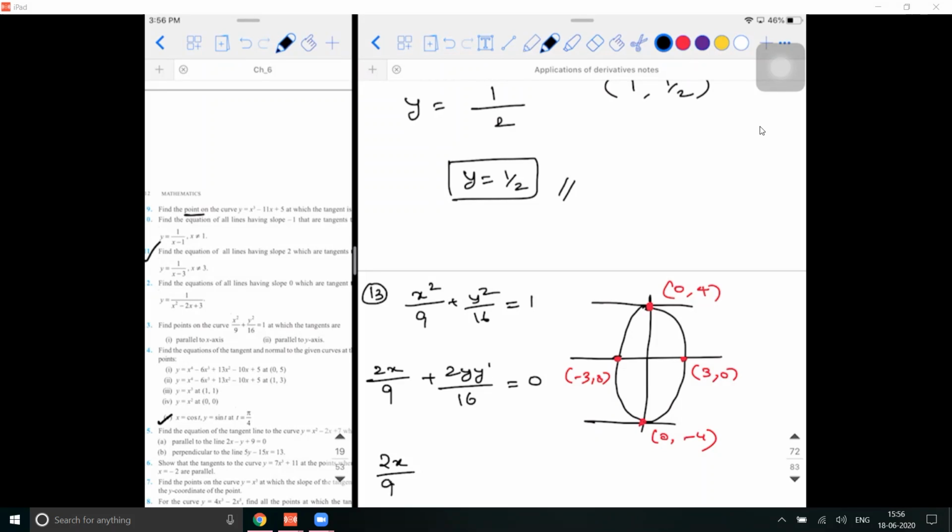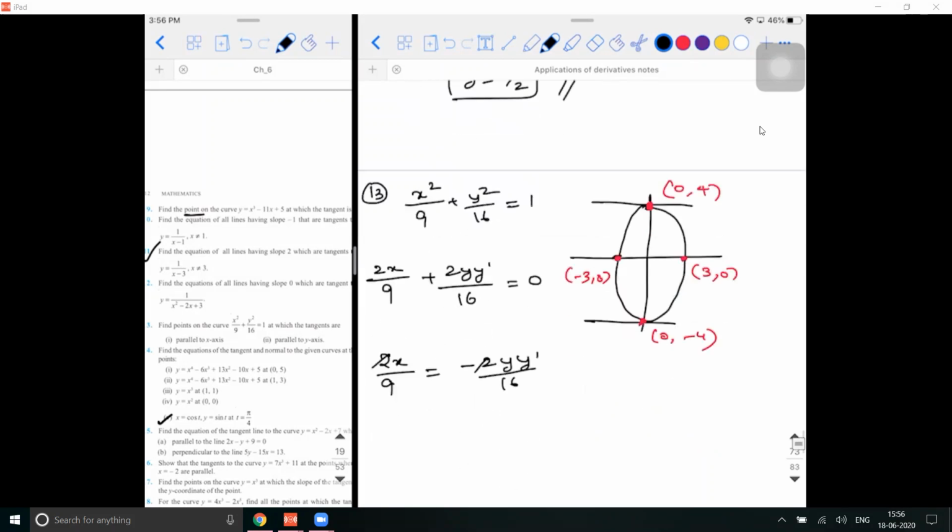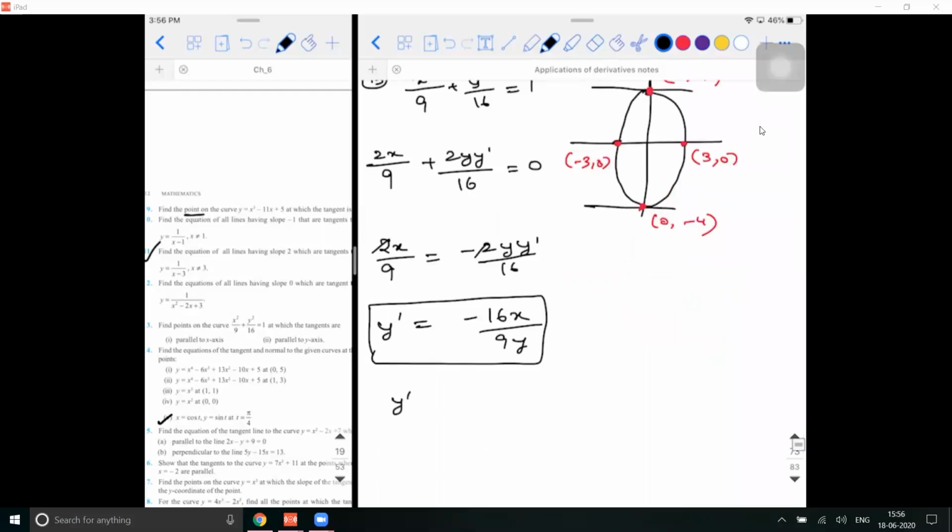Similarly, 2x by 9 will be equal to minus 2y into y dash divided by 16. So 2 is gone, and y dash will be equal to minus 16x divided by 9y. If I put y dash equal to 0, since it is parallel to the x-axis, I will get x is equal to 0.